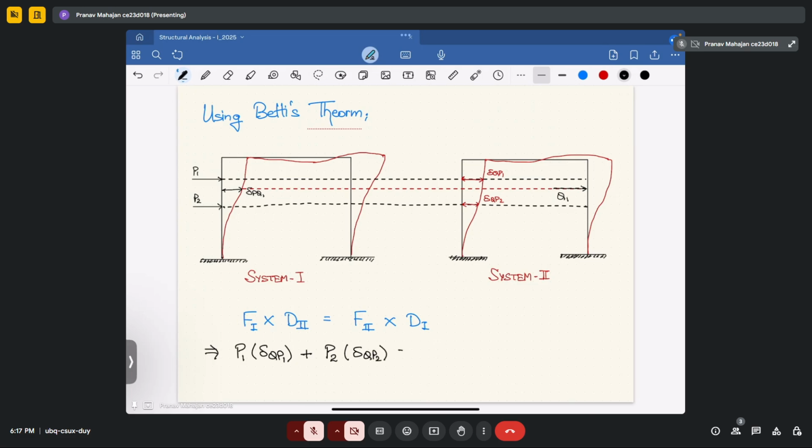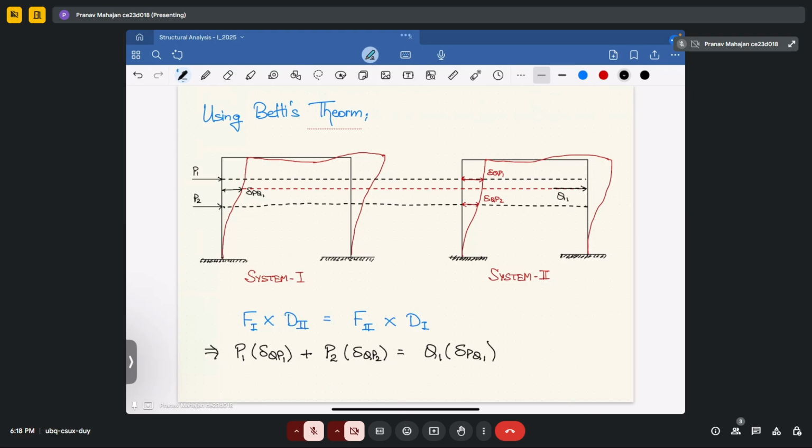Now, in system 2 the force acting is Q1. Due to this force Q1, the displacement at that point in system 1 is delta PQ1. So, if you know all the unknowns, you will be able to determine the deflections at different points. This is the main principle behind Betti's theorem.